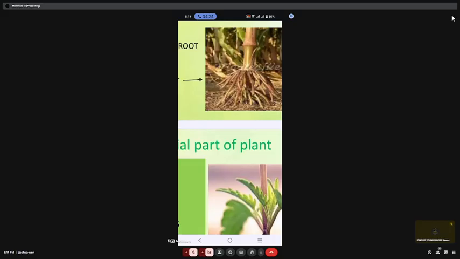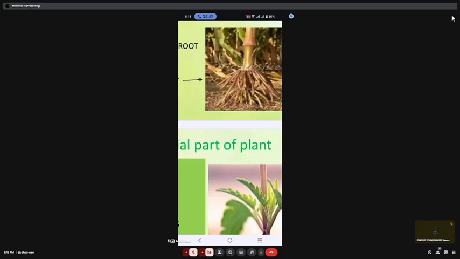When the shape changes permanently and stores food, it's called a root modification. In root modified plants, generally they will live for 2 years. So they are called biennial plants.